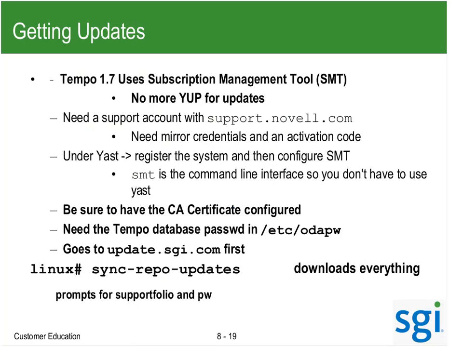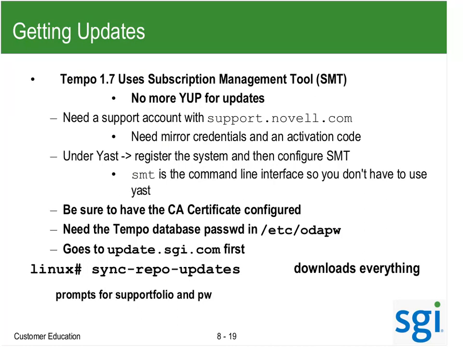So we had to have the tempo password, and then it goes to update.sgi.com first. Now you will see 404s in a normal situation too. They're trying to clean up those things. There's a PV on that. And again, we don't want to pipe it, or we're not going to get the prompt for this portfolio account and password.